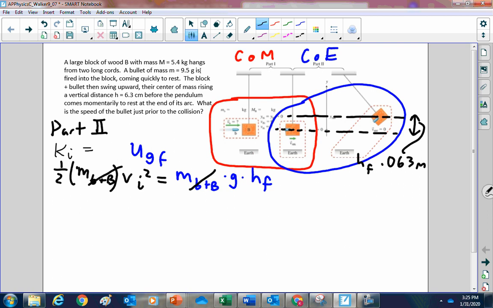Then I can find vi squared is equal to 2 times 9.8 times 0.063.